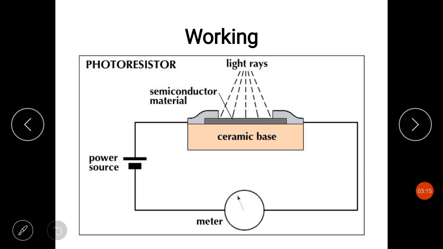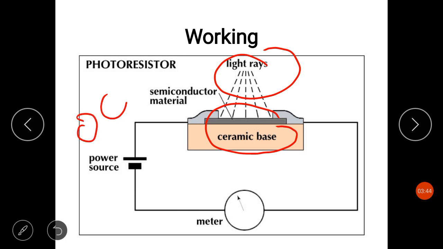When radiations of sufficient energy fall on such photosensitive materials, these radiations cause the electrons to break away from their covalent bonds, thereby generating electron hole pairs, which increase the flow of current produced by the applied voltage. What I am trying to say is that these radiations are present in the form of photons.